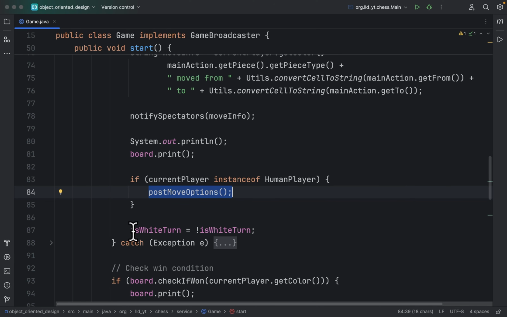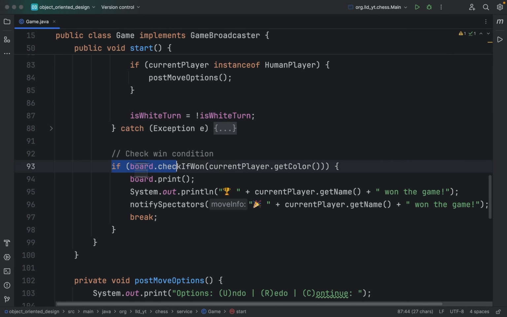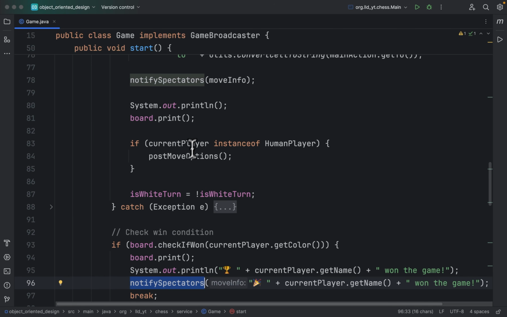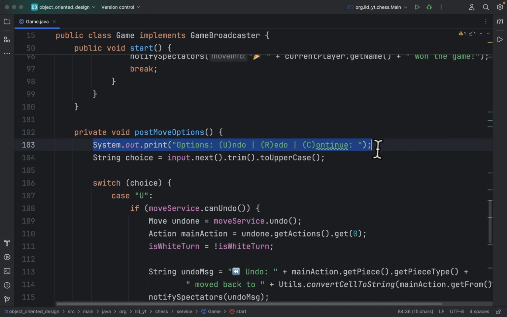And finally, I'll flip the variable after this. After each and every step, we would check whether the current player has won the game. If the current player has won the game, we would simply print the board, log this message and also notify all the spectators.